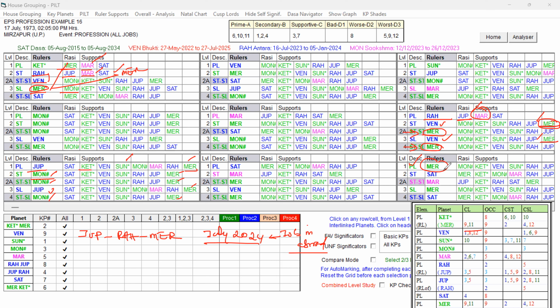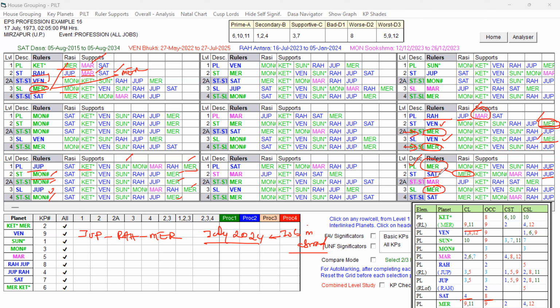That itself playing a role in the source is fine, but the star level and sub level should support that. That way, first of all, Mercury is there at the planet level, star level, and sub level itself is Mercury. Definitely, it is passing its ruler link, and all other favorable key planets are all playing a role. And Mercury is in the star of Saturn. Saturn is 4 and 8, supportive for job, but not very good for abroad travel.